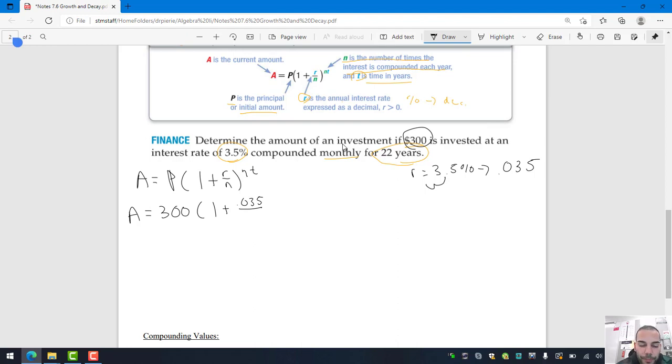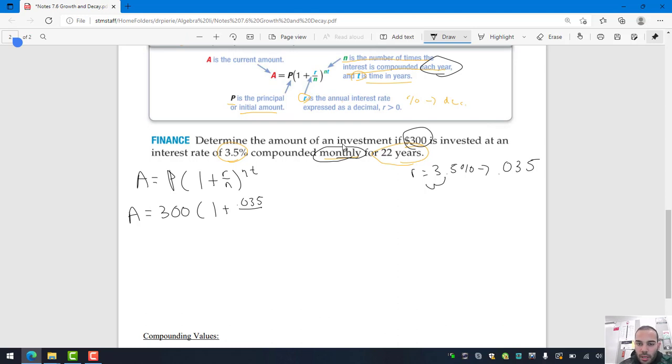And then here's the new one. N is the number of times the interest is compounded each year. What you see here is that the interest is compounded monthly. It's compounded every month.